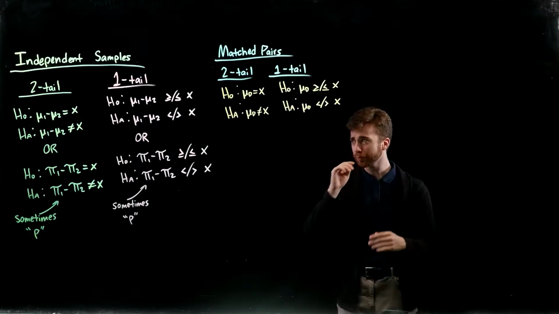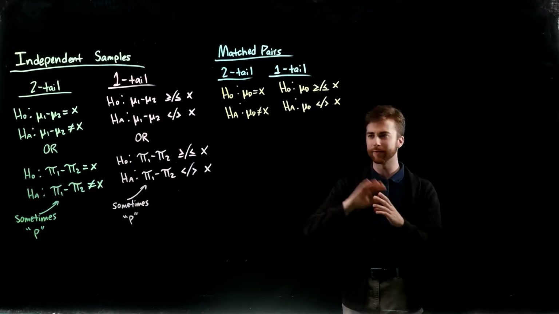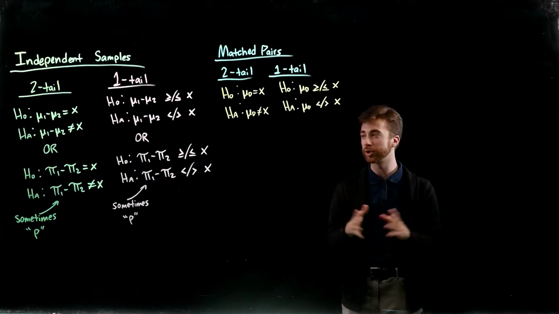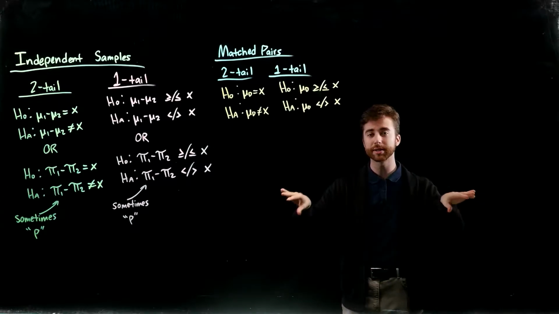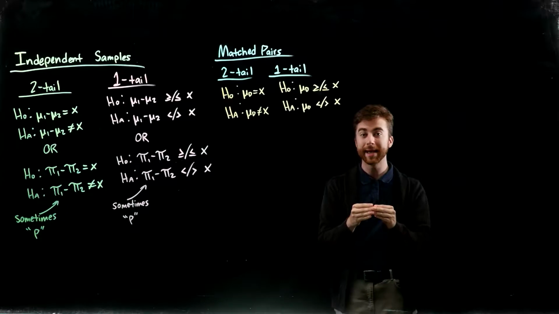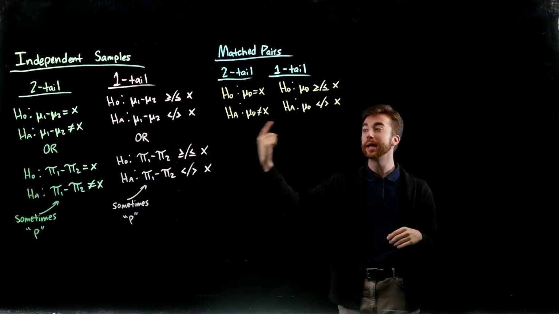Essentially, the mentality that goes into deciding whether it's one-tailed or two-tailed, I've covered in the previous video dealing with the one sample hypothesis test. Long story short, if we are talking about two directions, I'm wondering whether the difference between these means or these proportions is a particular number or anything other than that particular number, it's a two-tailed test.